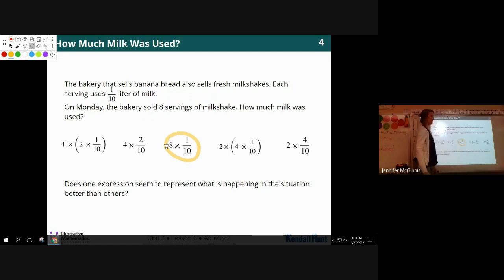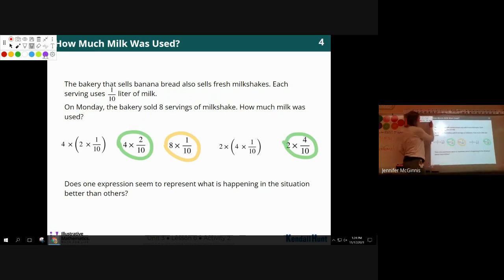8 times 1/10. Michael, why do you still have your hand up? I like 4 times 2 tenths, 8 times 1/10, and 2 times 4 tenths. They all equal the same thing. This equals the same thing as this too? No. Oh, this one? And that one.